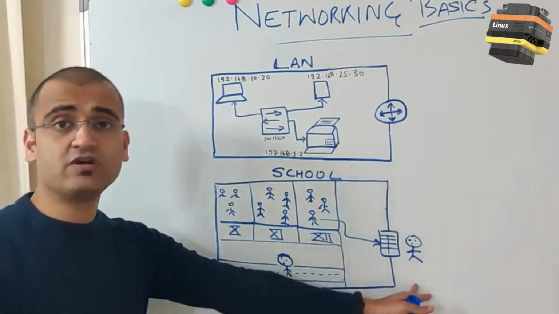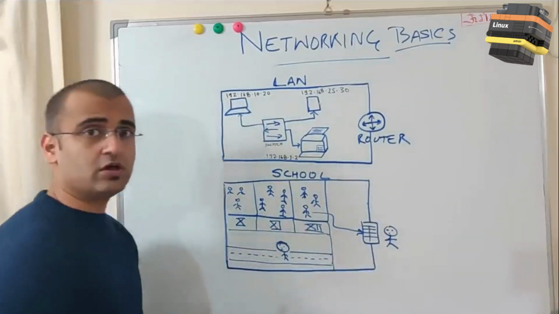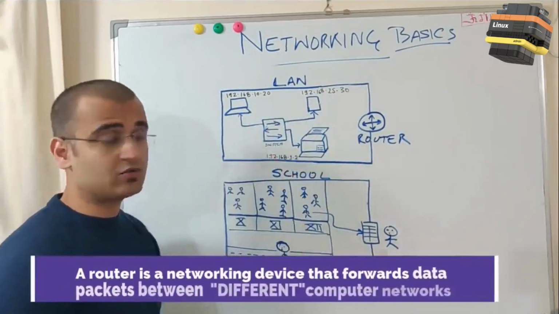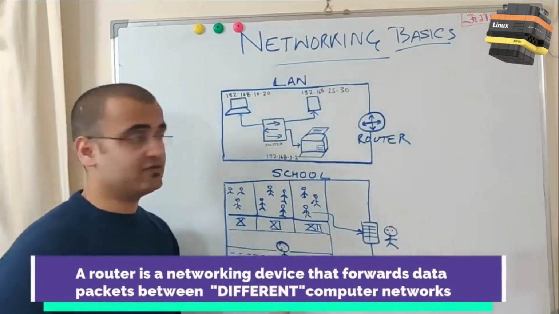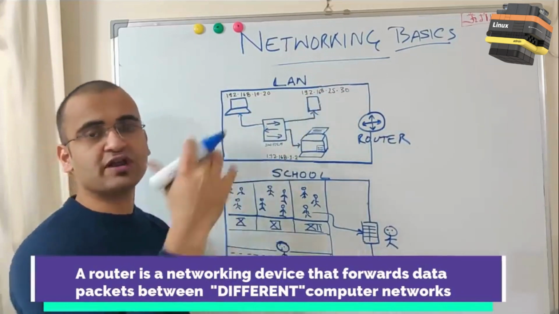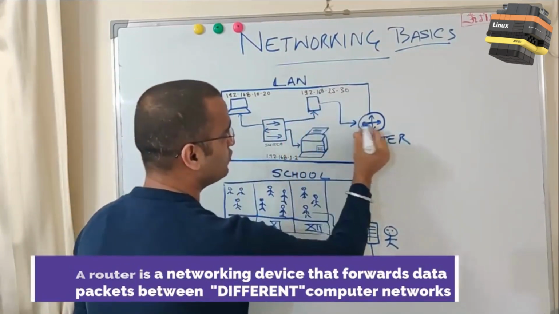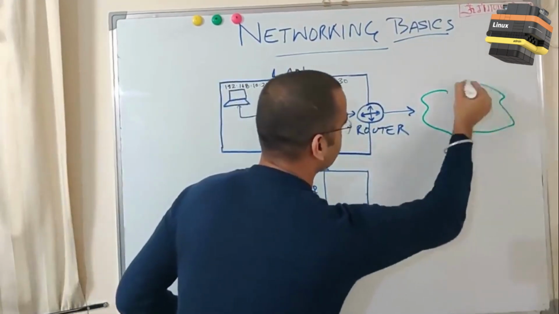So this security guard is nothing but a router. A router is a network device which sits between our local area network and the outside network, which is a wide area network. So suppose our mobile wants to connect to the internet, then this mobile will send a request to the router, and then this router will connect to the outside internet.